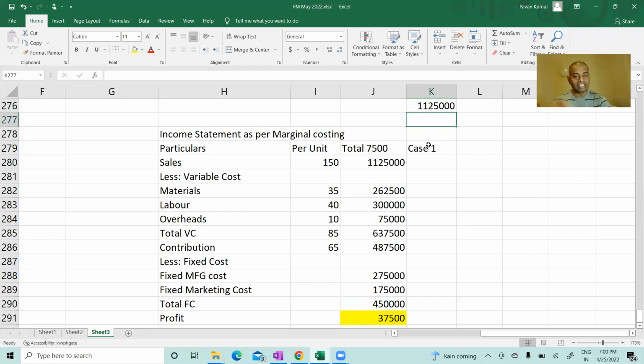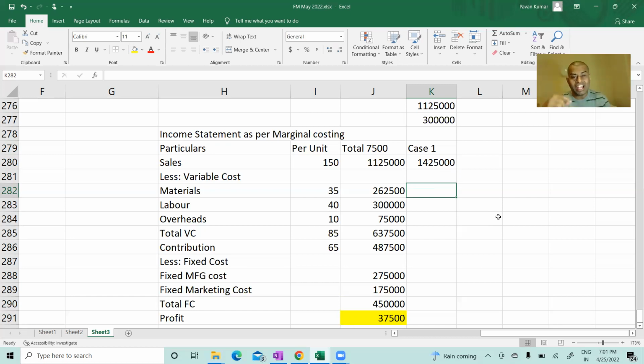This is present sale, plus new sales 120 into 2,500. So your total sales is this plus this, 14,25,000. Now you are using full capacity. 7,500 your regular sales, 2,500 this special order.